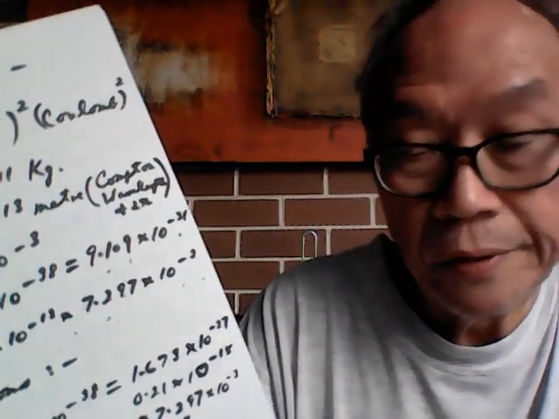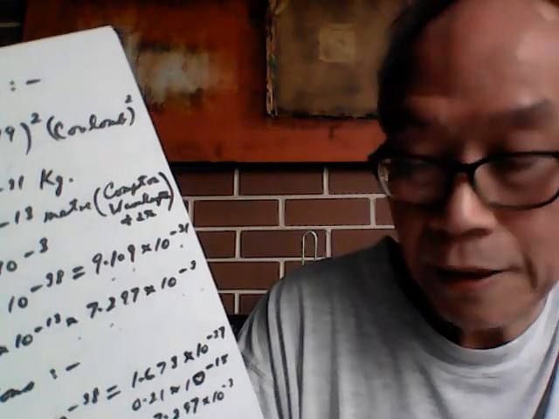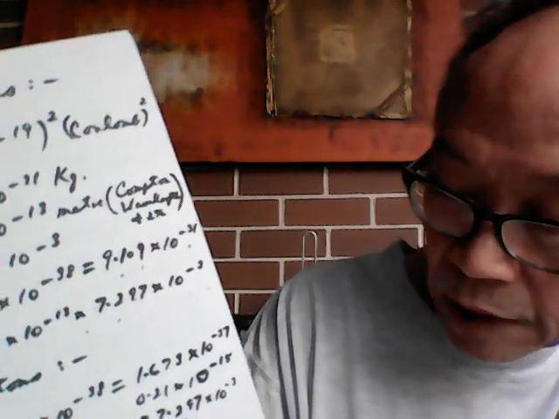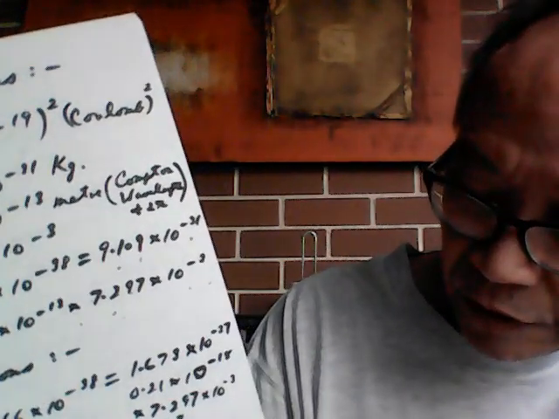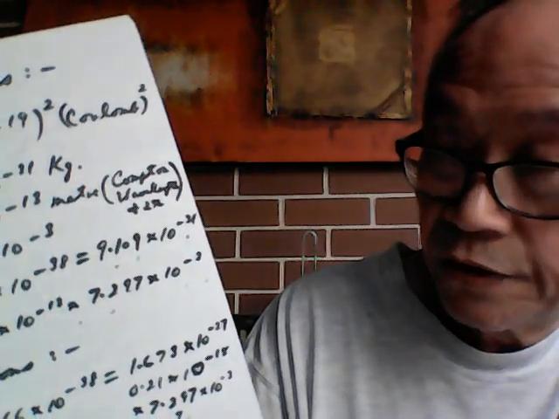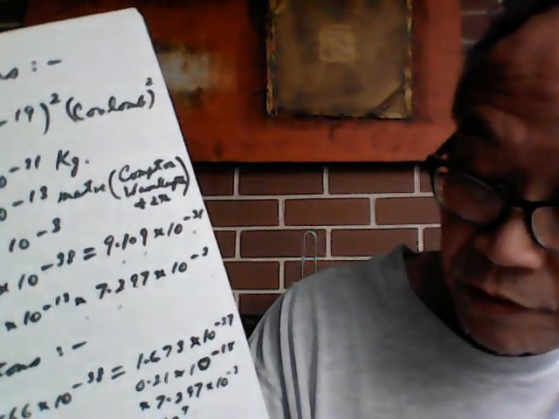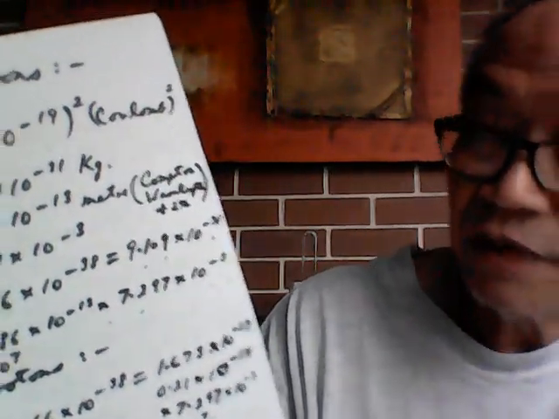This is the wavelength or the radius of the top quark, times 7.297 as usual. This is the fine structure constant alpha, times 10 to the power 7. Just to show that equation 3 works for all particles.